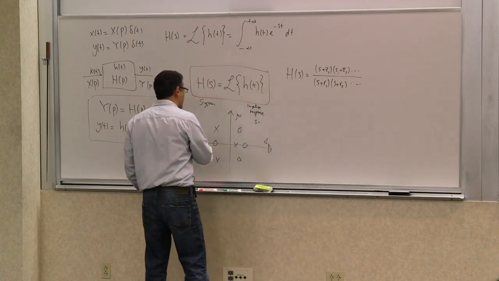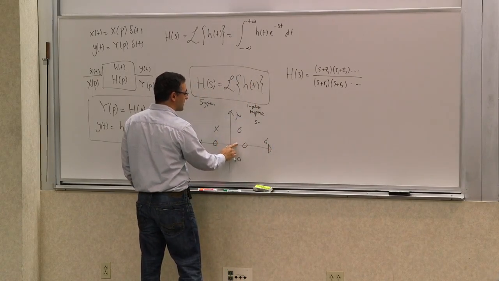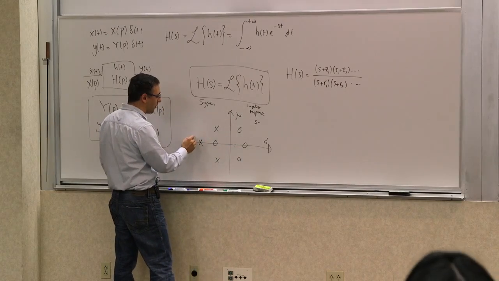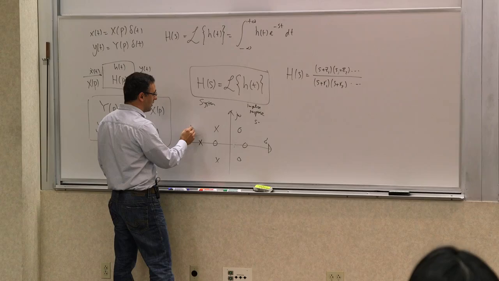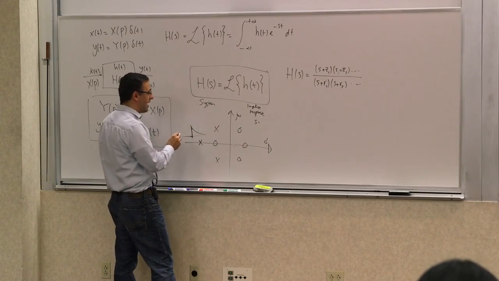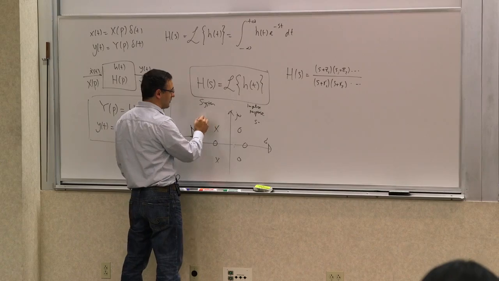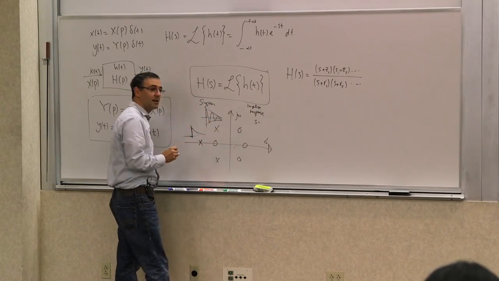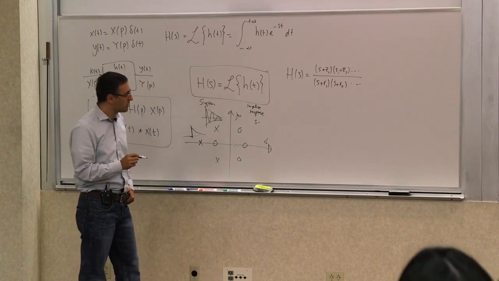And we also saw what the time domain response of the system looked like for each one of them. If your system just had a pole on the left half plane, the impulse response would be some sort of exponential decay. If you had a pair of complex conjugate poles, it was an exponentially decaying cosine and sine.